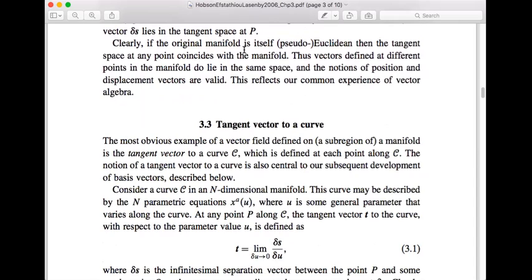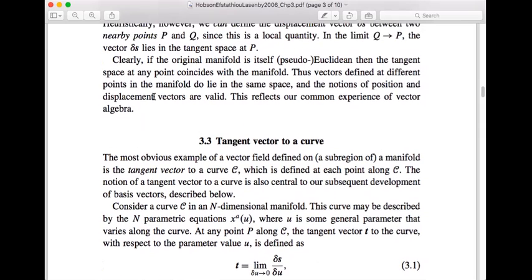Clearly, if the original manifold is itself pseudo-Euclidean, then the tangent space at any point coincides with the manifold. Thus, vectors defined at different points in the manifold do lie in the same space, and the notions of position and displacement vectors are valid. This reflects our common experience of vector algebra.